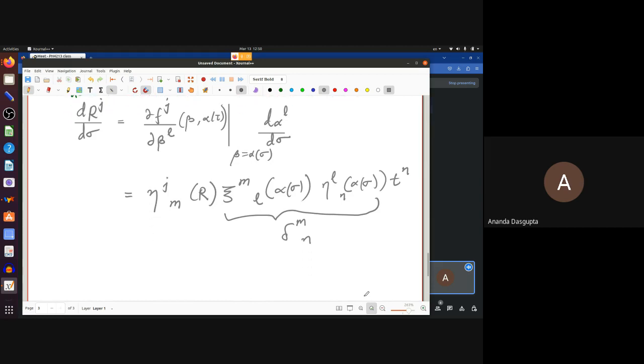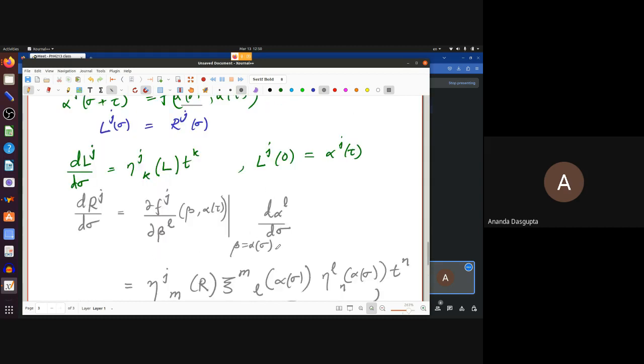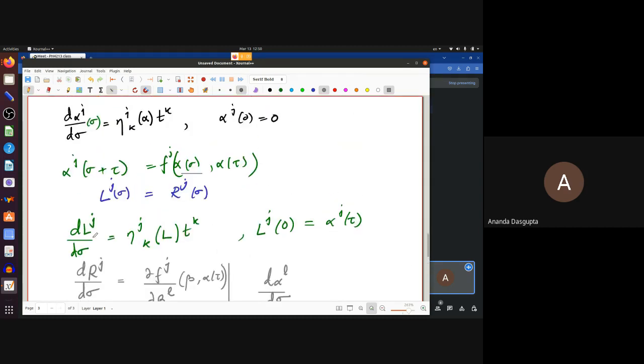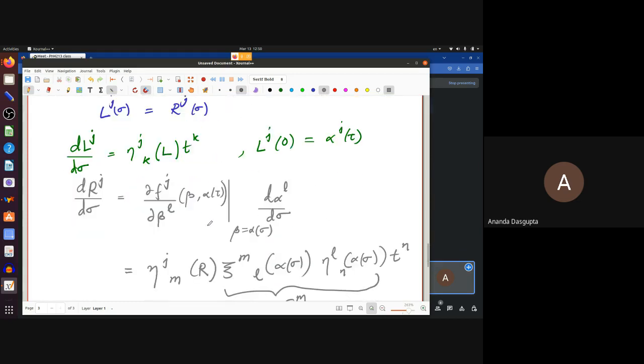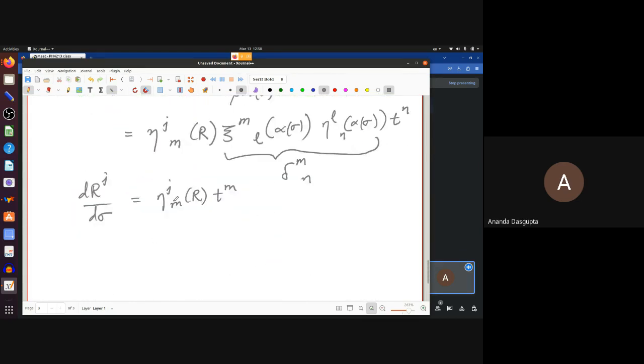And of course, xi and eta for the same argument are inverses, and you have alpha of sigma for both of them. Therefore, this is eta jm at r times tm, which is exactly the same differential equation as for Lj. dLj d sigma is eta jk of L tk. Here it is: eta j, of course, I wrote this as m, but I could have written this as k just as well. Eta jm of r tm.